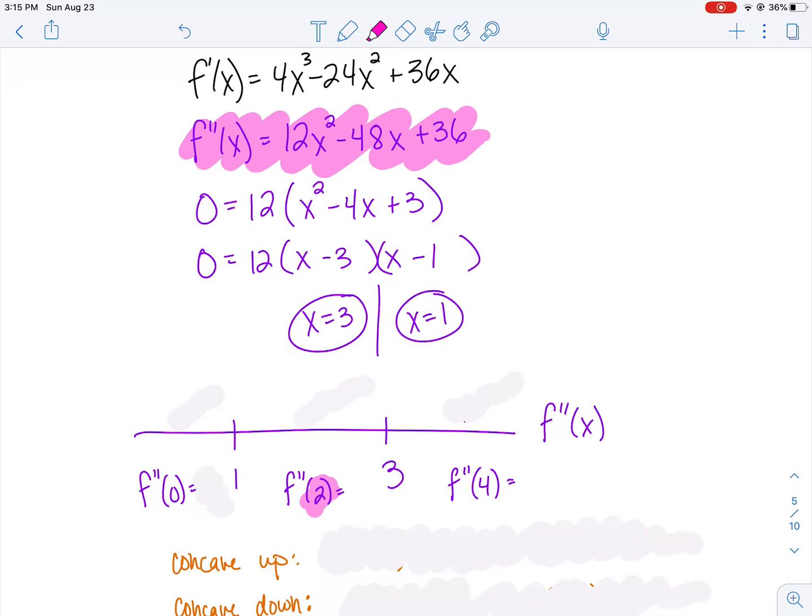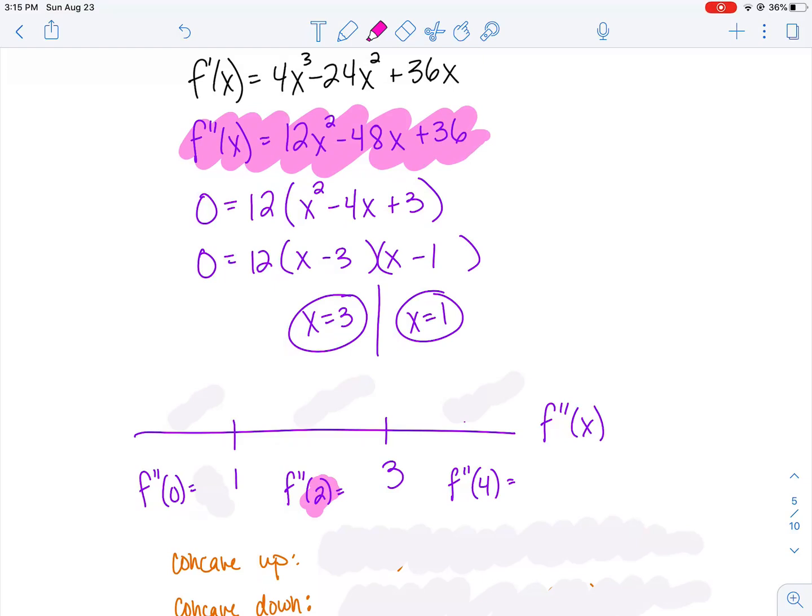But let me show you a trick that you can use your fancy calculator for that will help us quickly evaluate 0, 2, and 4 without having to enter it in every single time. And then eventually, when we want to find points of inflection, because points of inflection are points, x comma y, we're going to want to plug our x value in to find the y value it corresponds to.